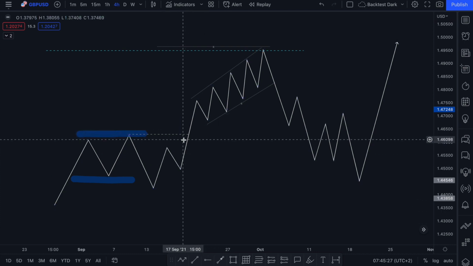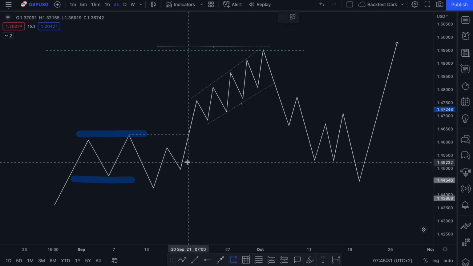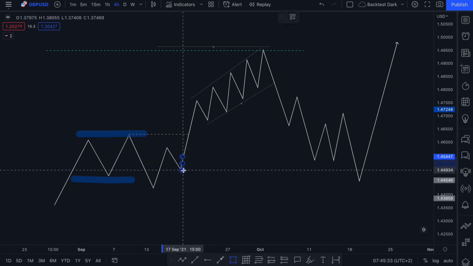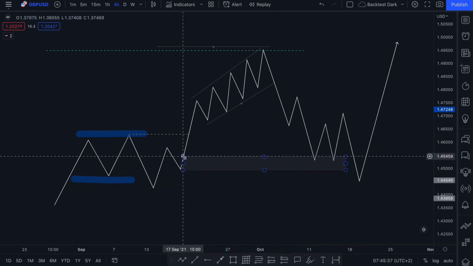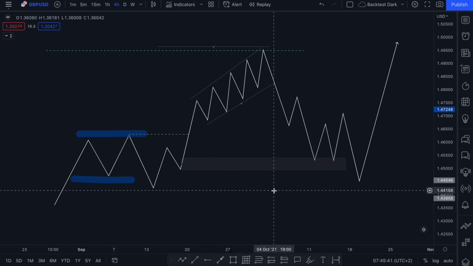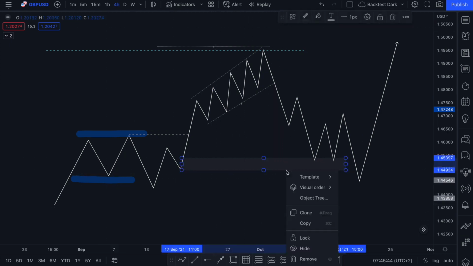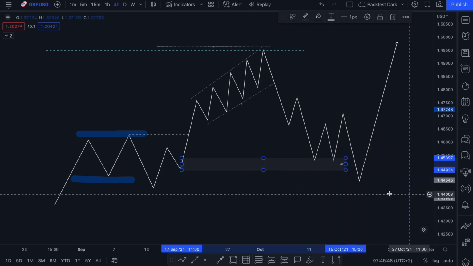Now, where did that particular break of structure originate from? Well, it would have originated from this demand zone in here, right? And let's just say, for example, that this particular markup is on a 4-hour chart, right? No problem. So they would have identified this as a 4-hour demand zone.